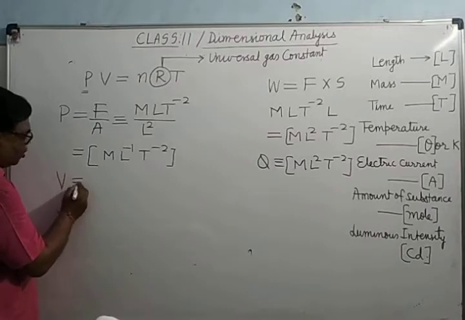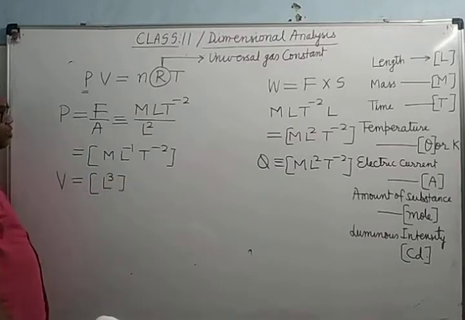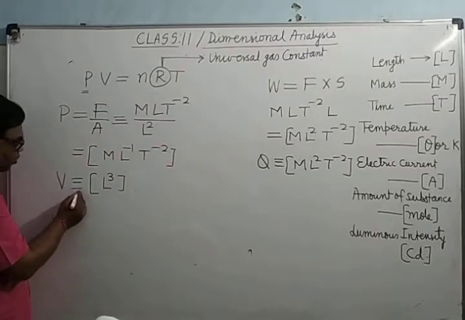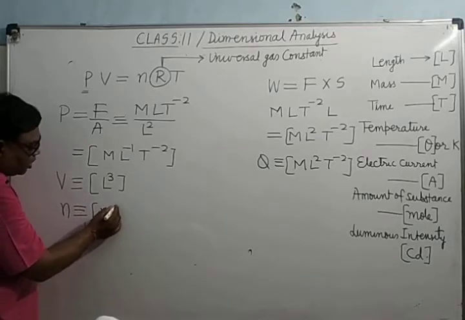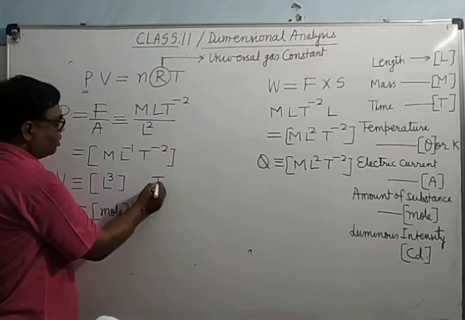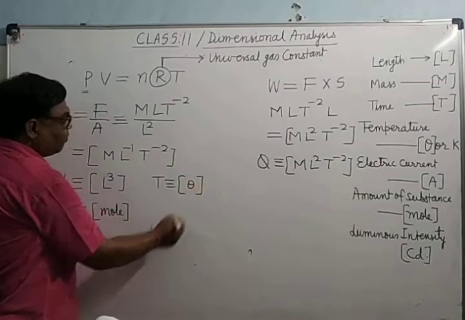Volume is L cube. Then n is the number of moles, so its dimensional formula is mole. Then temperature: its dimensional formula is theta or K.